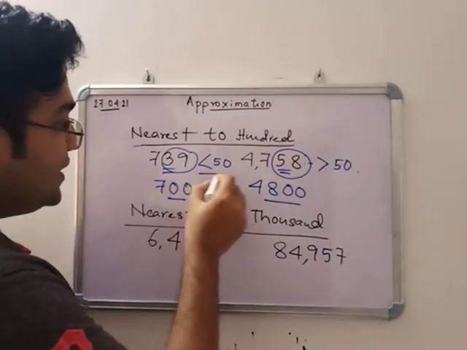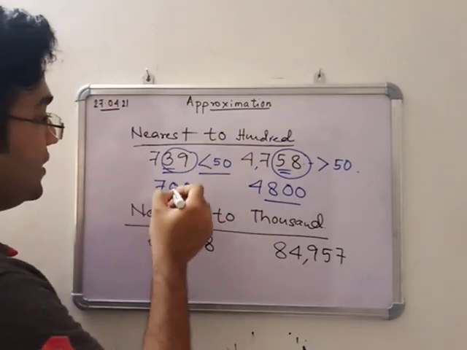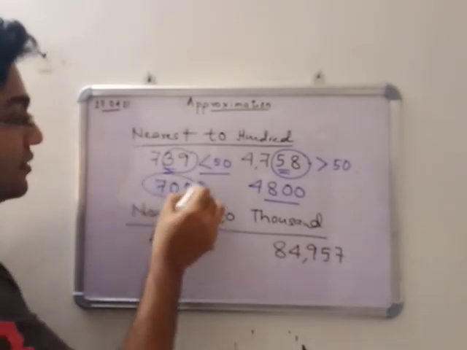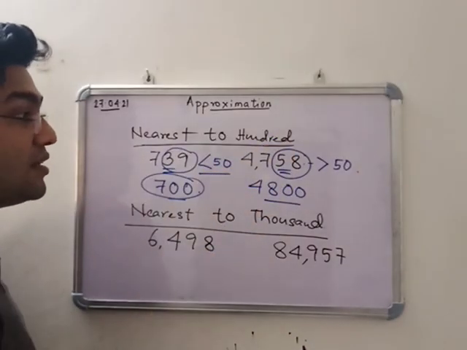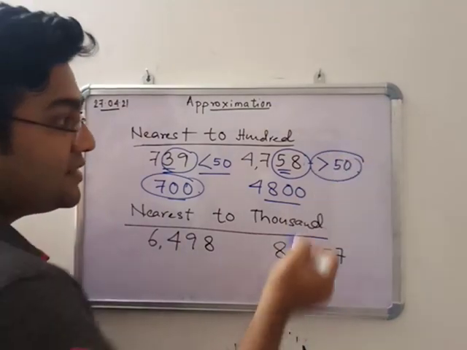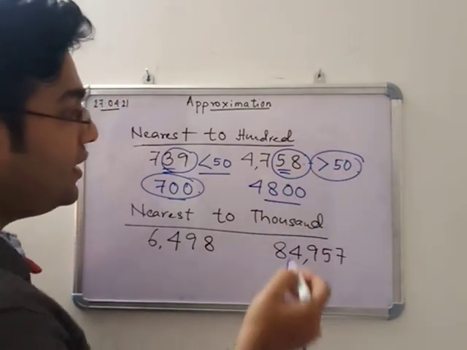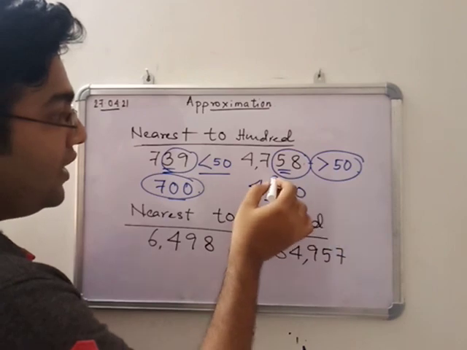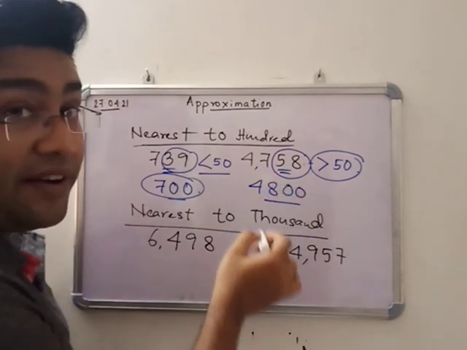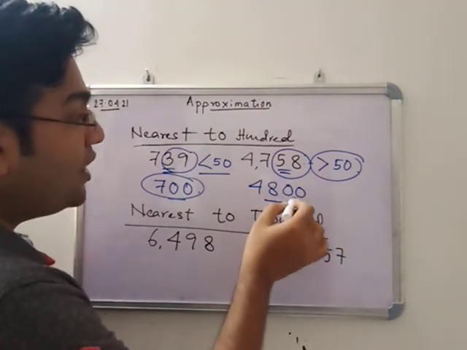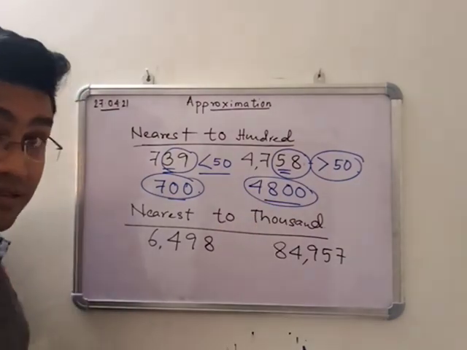So when less than 50, it is 700 in the hundreds. And when greater than 50, you have to add 100, so it is 4800.